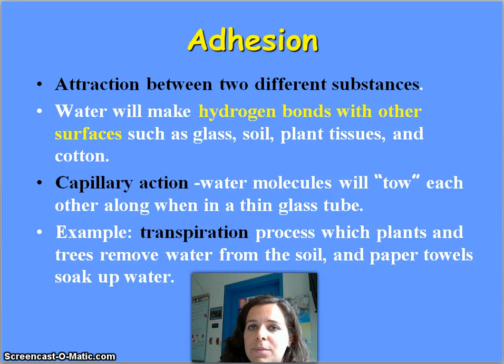Because of this adhesion as well as cohesion, there's something called capillary action, in which water molecules tow each other along in a thin glass tube. You can also see the same kind of thing in a paper towel. If you put the edge of a paper towel into water, the water is going to travel up the paper towel. An example of this in nature is called transpiration. So plants and trees remove water from the soil.